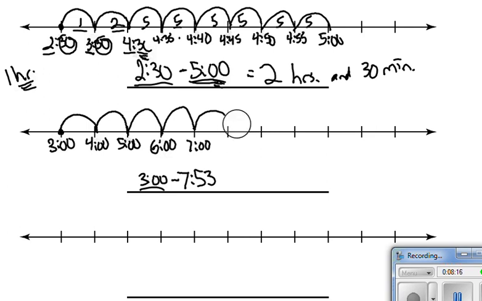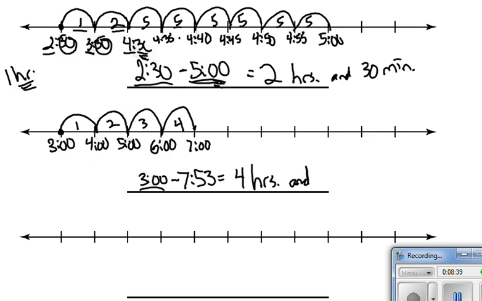So what we're going to do then is look at how many hours. 1, 2, 3, 4 hours. So we have 4 hours so far. 4 hours and how many minutes? Well, from 7 o'clock to 7:53. You can do it a bunch of ways.